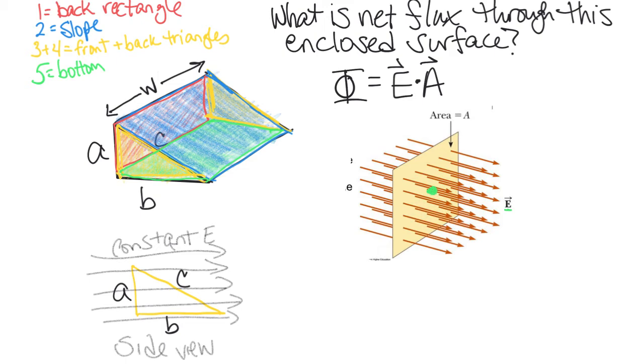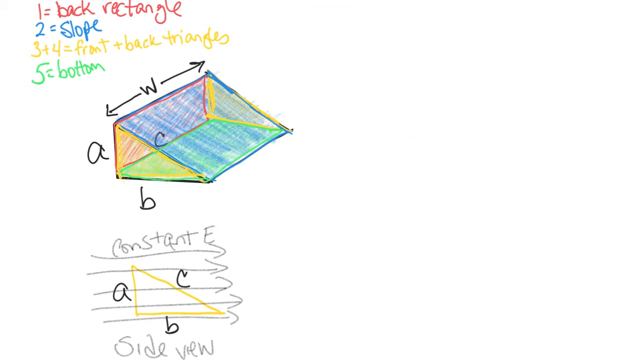It is the vector that is normal to the area, and that is your area vector. So you see that E dot A here, the angle is 0, and so it's EA cosine 0, so it's just EA, so that's maximal. Just reminding you, that's how we define our area vector.